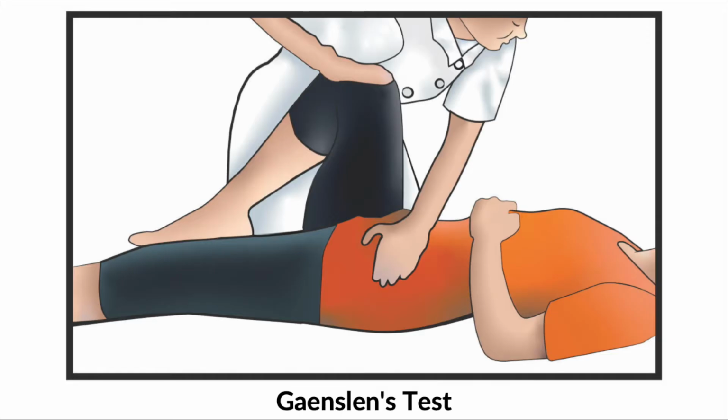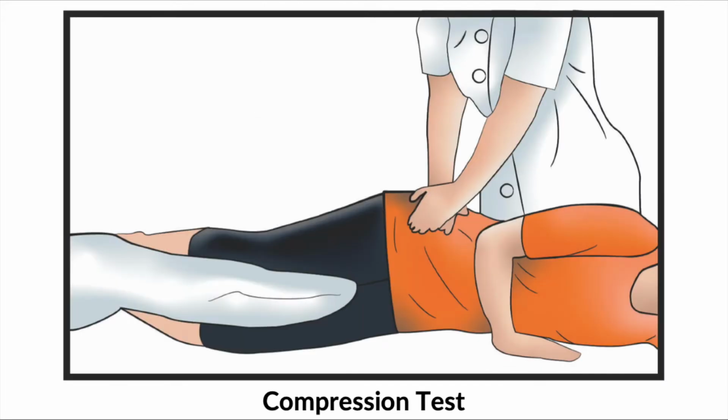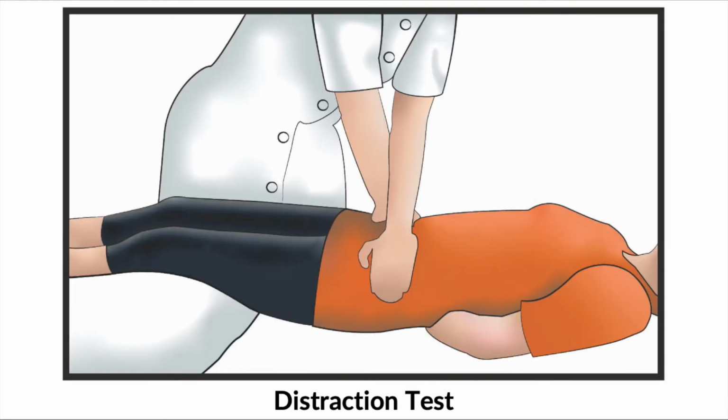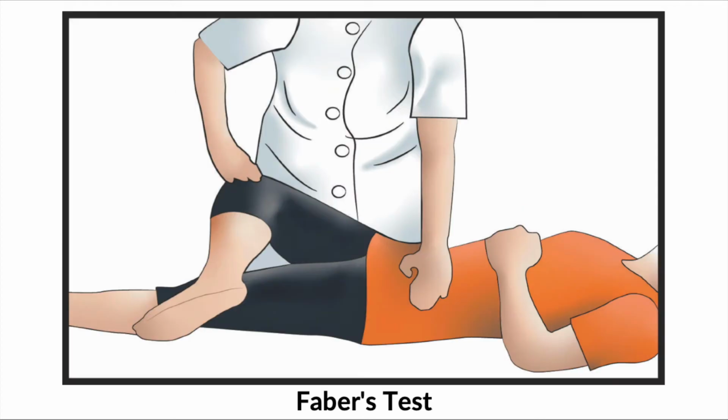But that's not the only method of identification. The other method is physical examination maneuvers. We use various maneuvers, such as Gaenslen's test, which is a torsional test of the pelvis versus the thigh. We also use the pelvic compression test, the pelvic distraction test, the sacral compression test, Patrick's FABER test, and Fortin's finger test.